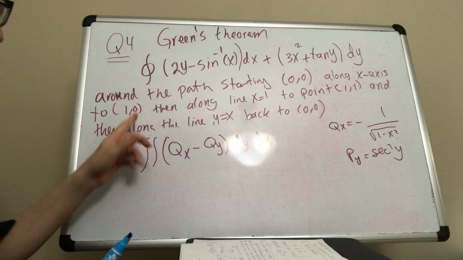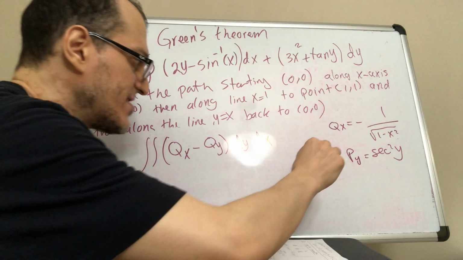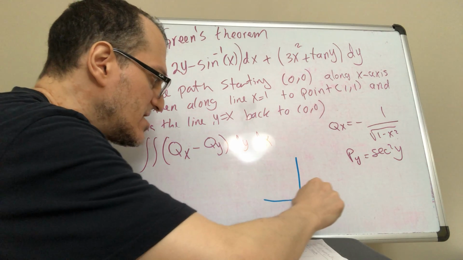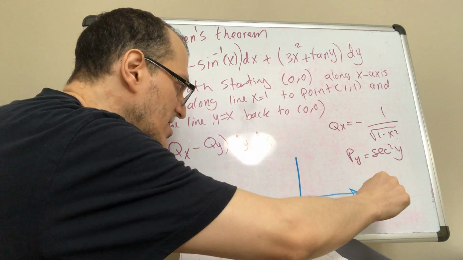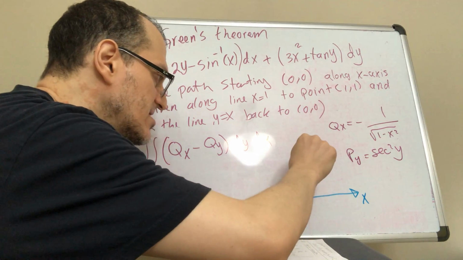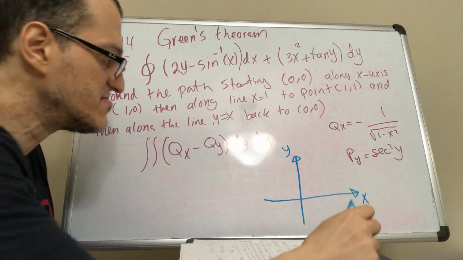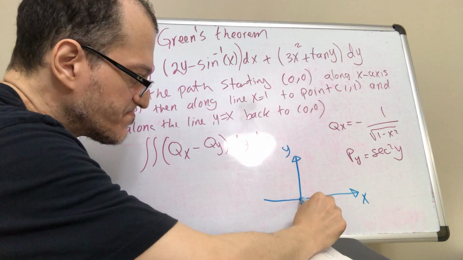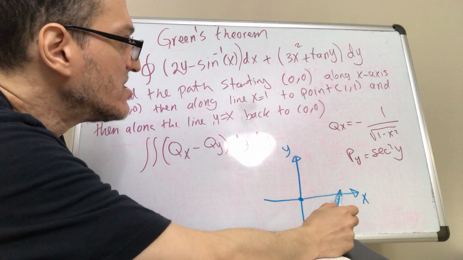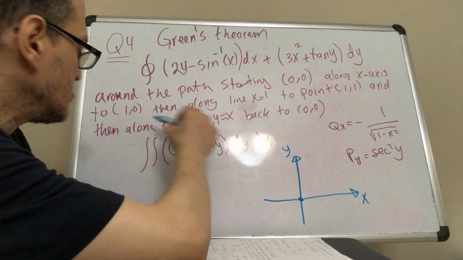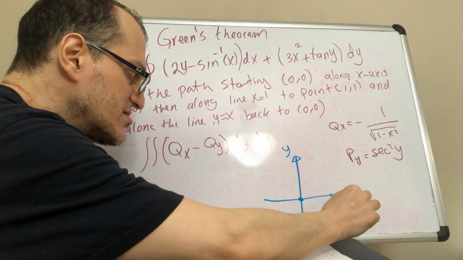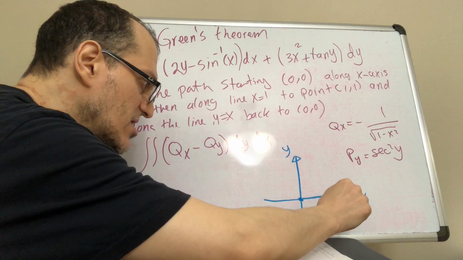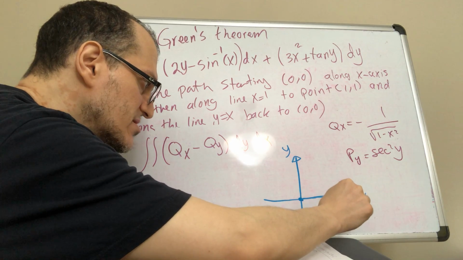Now, they tell you the path, so if I draw my x and y axes, you start at 0, 0. Along the x-axis till you reach 1, 0. So this is point 1, 0. So you go this way along the x-axis till you get to this point.